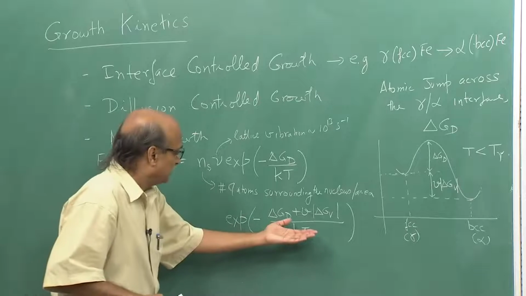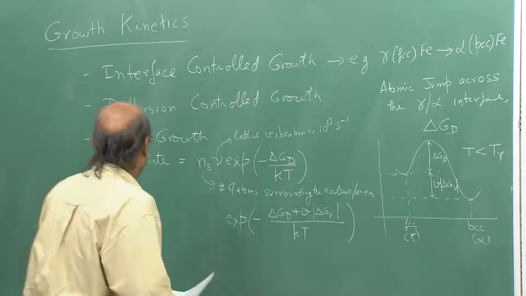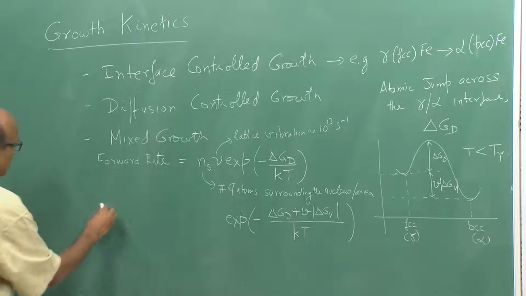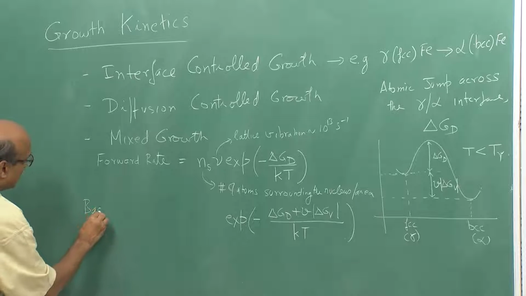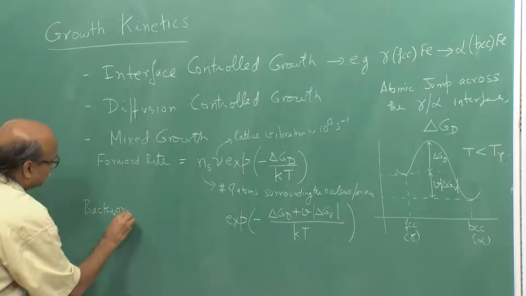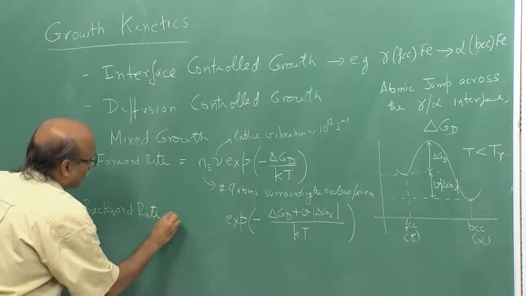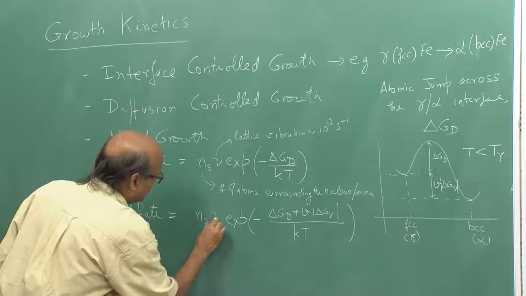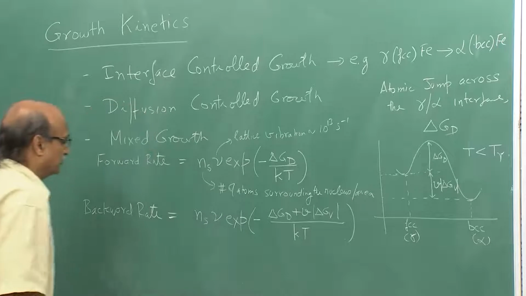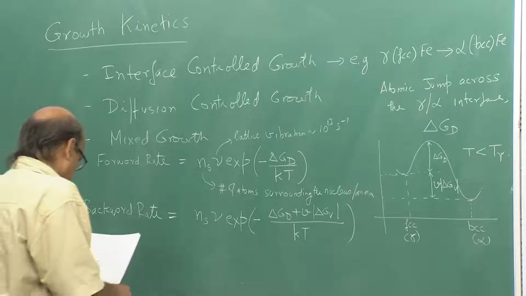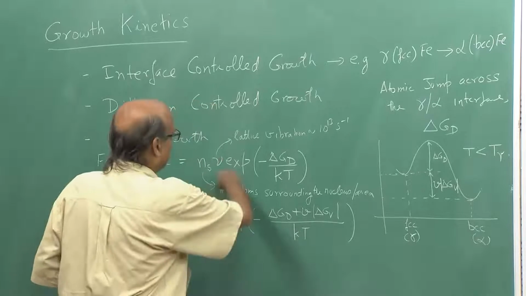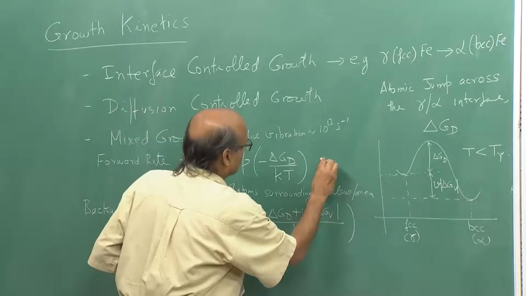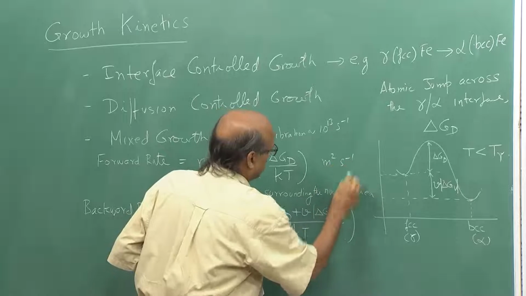So, the probability is less, and in a similar manner I can express the backward rate of jumps as Ns times nu times the exponential. Obviously, if I look at this, the units are going to be meter square second inverse.